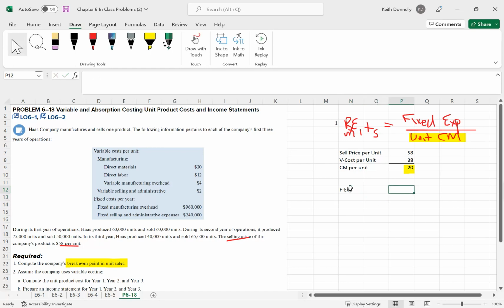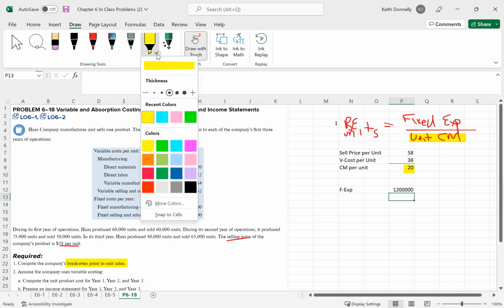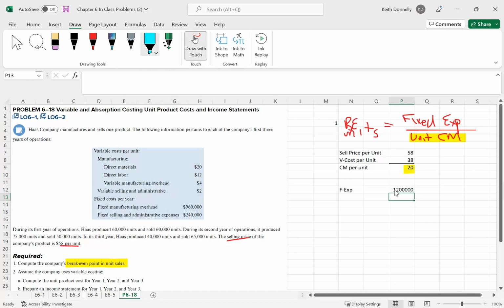In this case, it's going to be the 960 plus the 240. That's going to be $1.2 million.